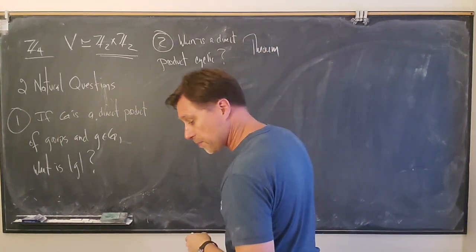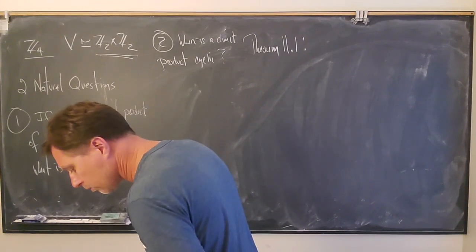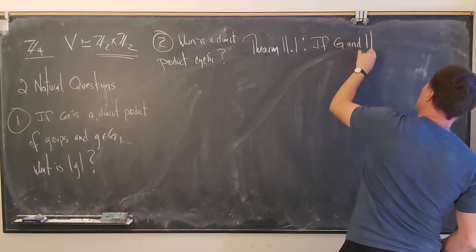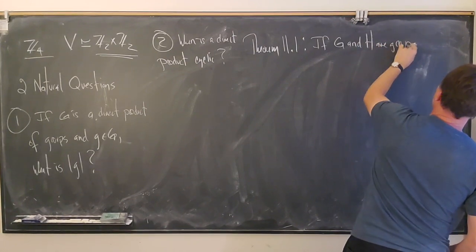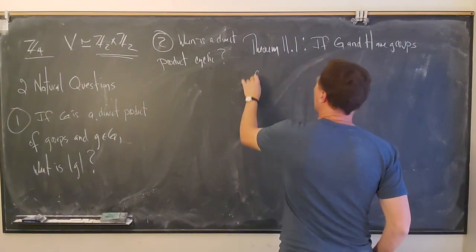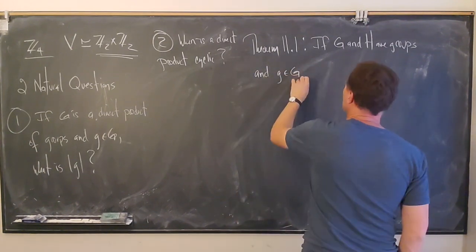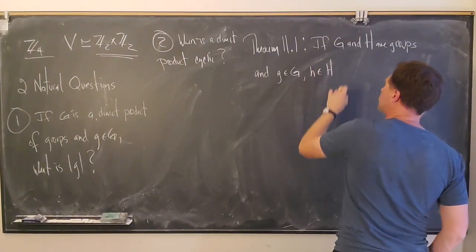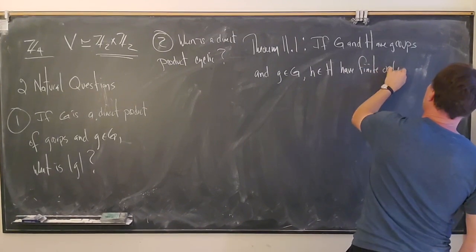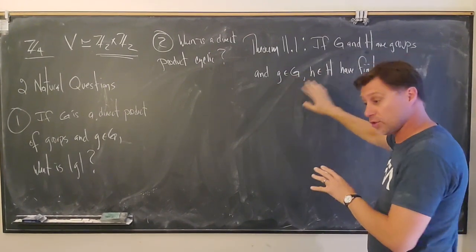So this is theorem 11.1. If G and H are groups, and little g is in capital G, and little h is an element of capital H, have finite order, so G and H themselves may not have finite order, but we're taking elements of finite order within those groups.